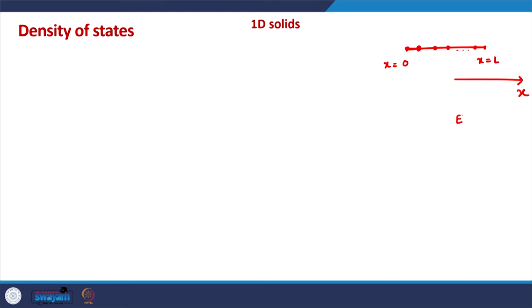So, the E-k relationship is h bar square k square divided by 2 m star. m star is the effective mass of the electron in the solid, and by considering the effective mass we can assume that the electron is independent of the lattice interaction and the electron is just confined in the boundaries of the solid. It is just confined between x equal to 0 to x equal to L, and this is essentially the particle in a box situation.